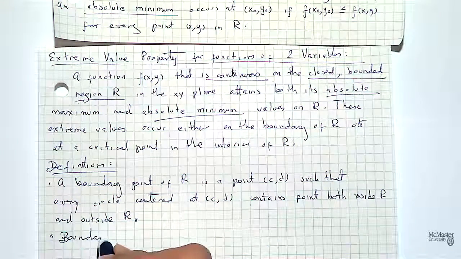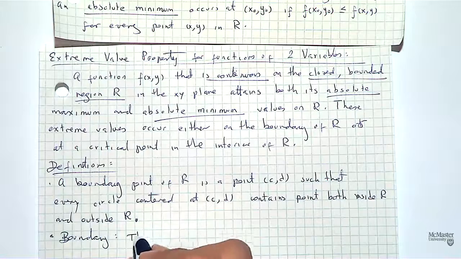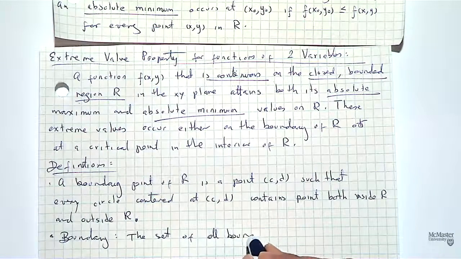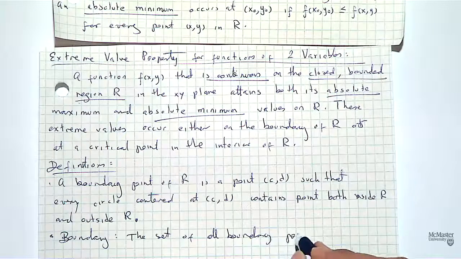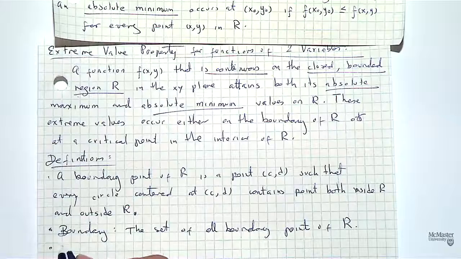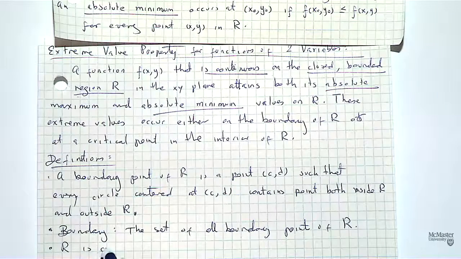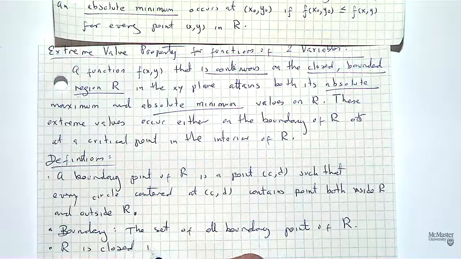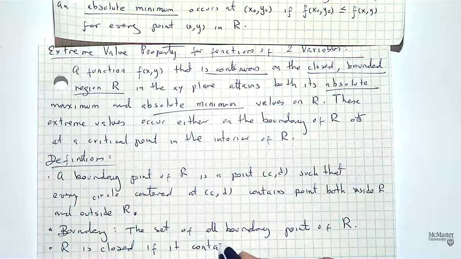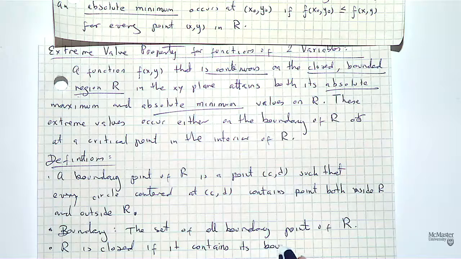The definition of the boundary, of course, is the set of all boundary points of the region R. And then there is a condition, which is that R is a closed set, or it's closed, if it contains its boundary.